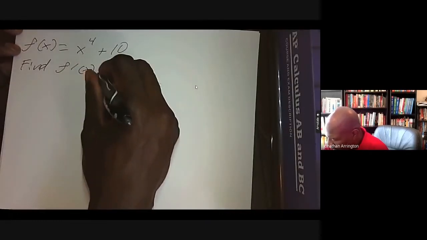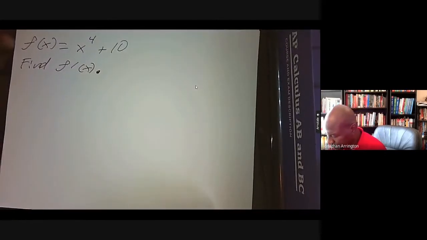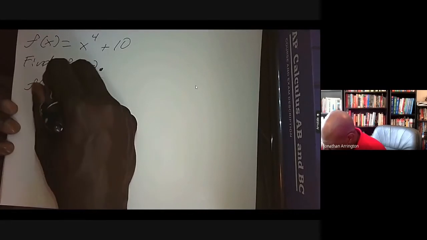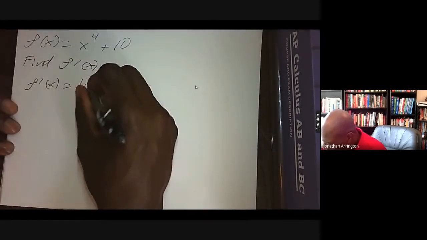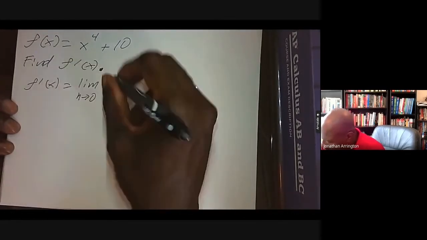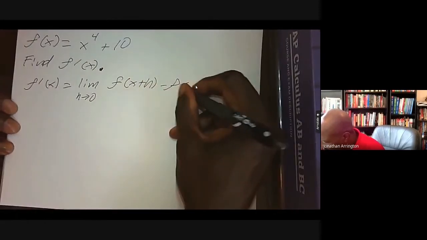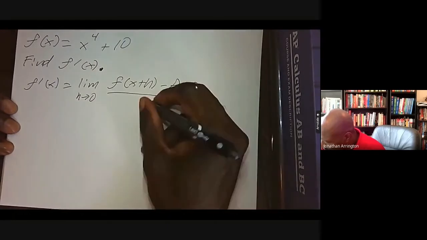Find f prime of x. Okay, so you know the formula. f prime of x is the limit as h goes to 0 of f of x plus h minus f of x over h.